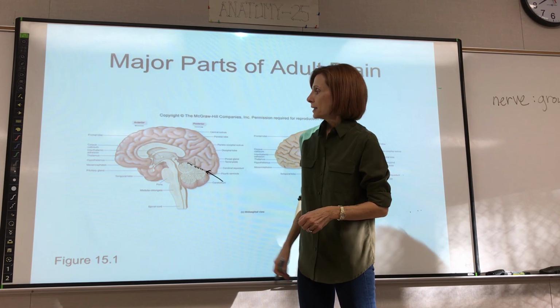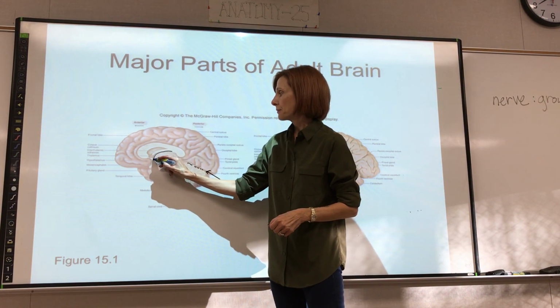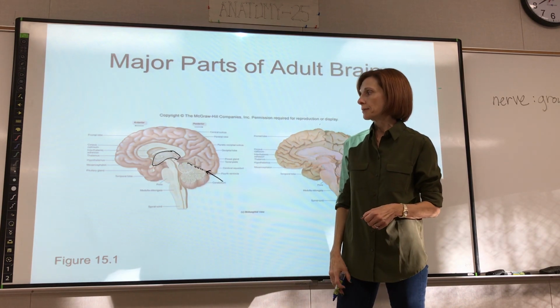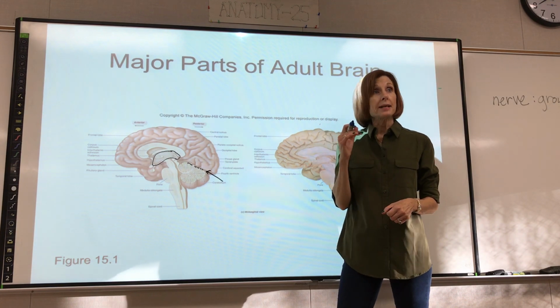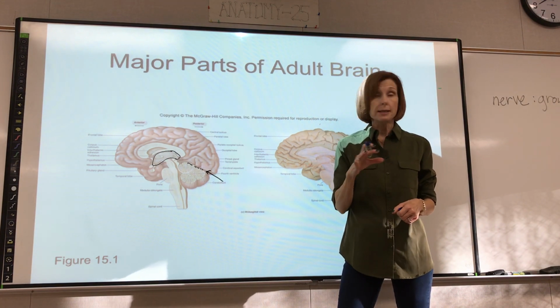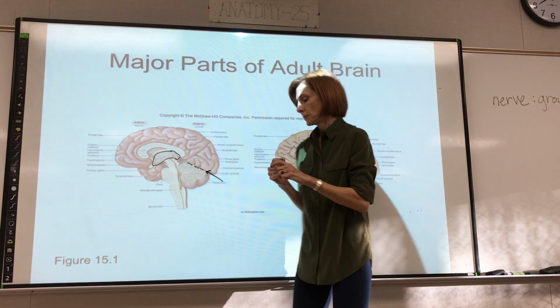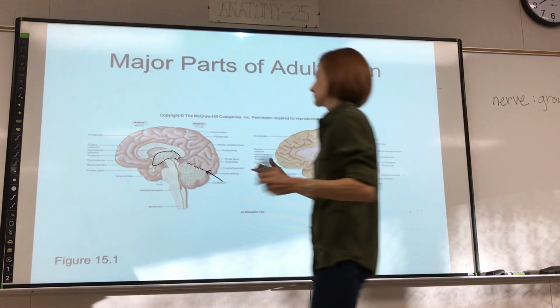Right below the cerebrum, this area is called the diencephalon, and I will outline it for you. That is the diencephalon. Everything below that makes up the brain stem. The brain stem is this area here. I'm going to put these in a different color so you can see them.